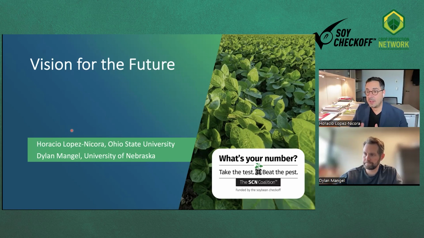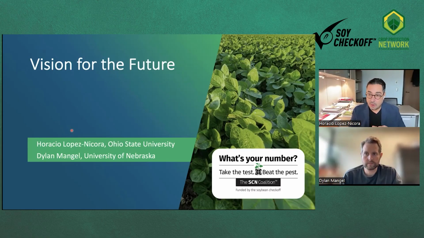So we may have this technology on a PI 88788 background or Peking background, in addition to multiple herbicide traits that growers want to use and are used to implementing, right? There are also new products out there in terms of chemistry technology and chemistry advances that we are seeing.